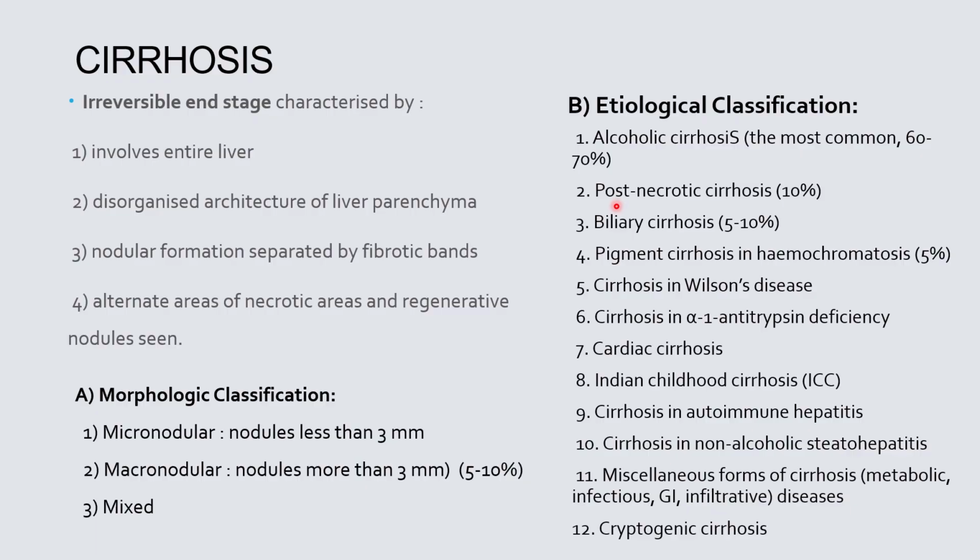Others include post-necrotic cirrhosis due to viral infection, biliary cirrhosis, pigment cirrhosis and hemochromatosis, cirrhosis in Wilson's disease, alpha-1 antitrypsin deficiency, cardiac cirrhosis, Indian childhood cirrhosis, cirrhosis noted in autoimmune hepatitis, cirrhosis in non-alcoholic steatohepatitis, and miscellaneous forms of cirrhosis like metabolic, infectious, GI neoplasm, and cryptogenic cirrhosis.